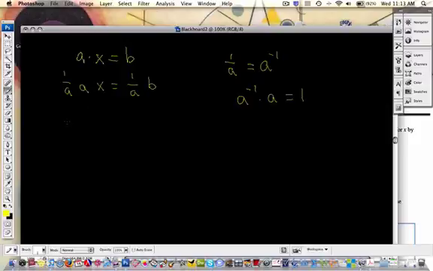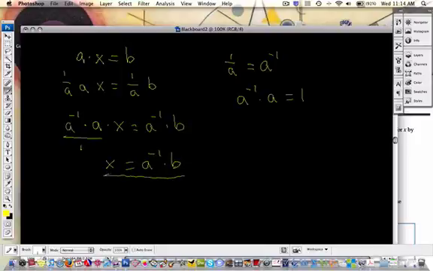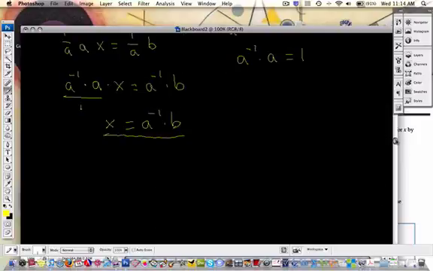So I could write this equation as a to the negative 1 times a times x equals a to the negative 1 times b. A to the negative 1 times a is equal to 1. So that's 1 times x, or just x, equals a to the negative 1 times b. So we've solved that real number equation for x.